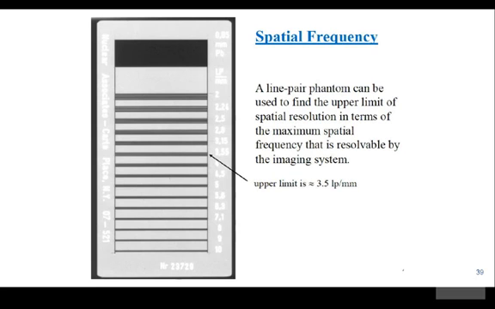The more line pairs per millimeter we're able to distinguish, the better the resolution of the system. These are good at quantifying the spatial frequency that we can see, and we do this routinely. If we see any degradation in the maximum spatial frequency we can see, then possibly something has gone wrong with our imaging system.